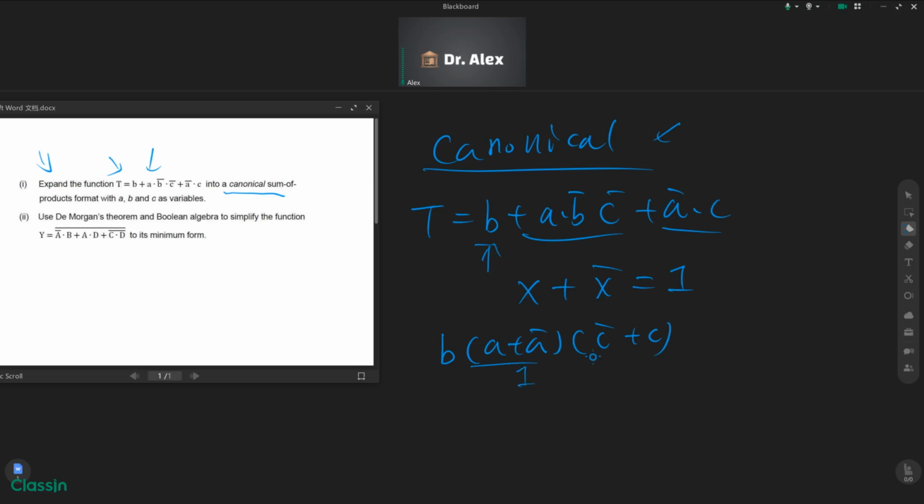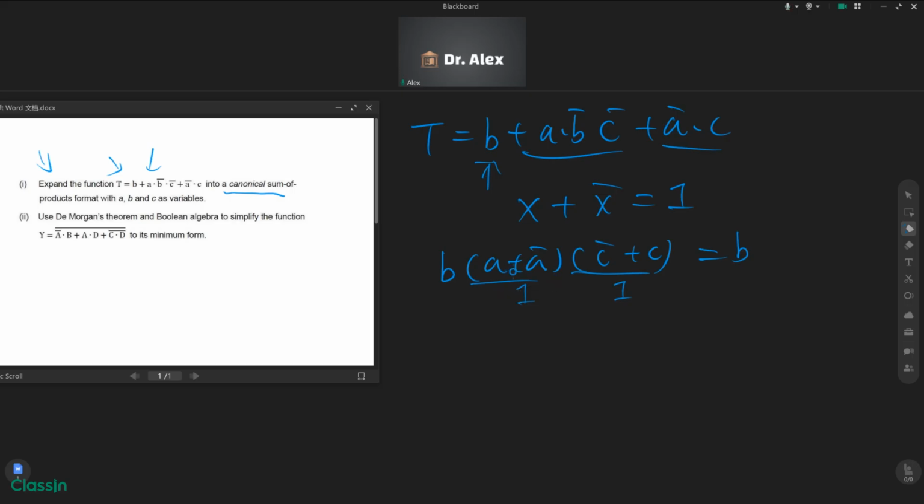Because this term is 1, and this term is also 1, when all these three items are ANDed with each other, the result will be the same as B. So we can get the canonical expression for the first term, which is like this. You can double check my calculation.